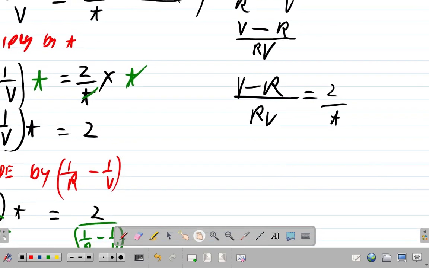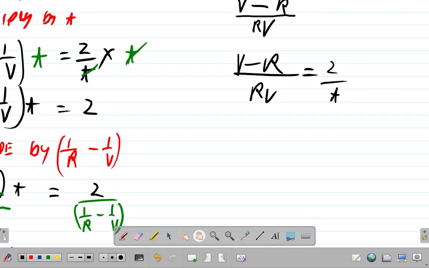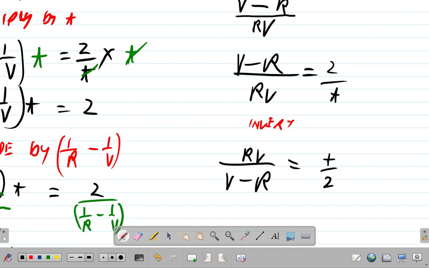Then you can multiply by your T here. Or you could invert both sides. That's one way of dealing with things. Suppose we do it that way. In other words, you find the reciprocal. So V minus R divided by RV becomes RV divided by V minus R equals 2 over T becomes T over 2.